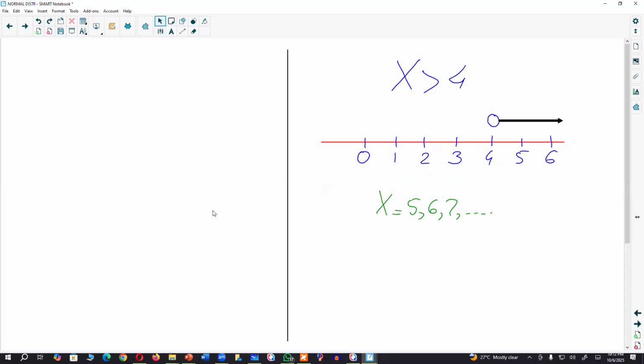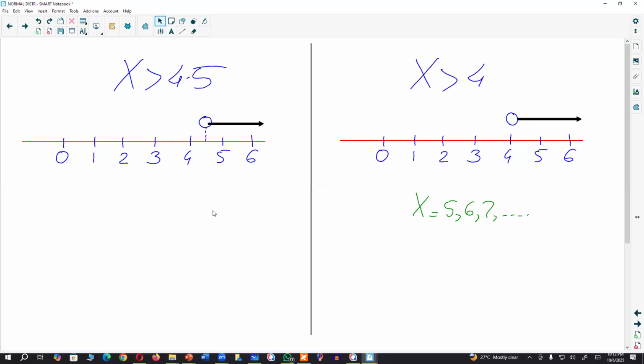Now it means that you should make sure that the numbers are greater than 4. When you make a continuity correction, you have to say 4.5. Why? Because now you move the number 0.5 ahead. If you say x is greater than 4.5, now it is a surety that the number is greater than 4.